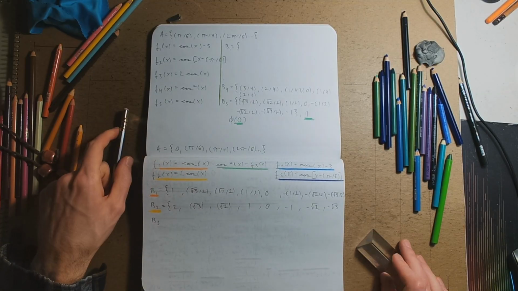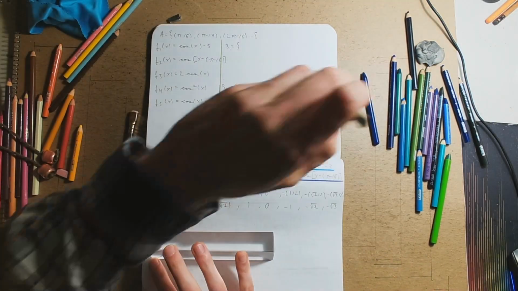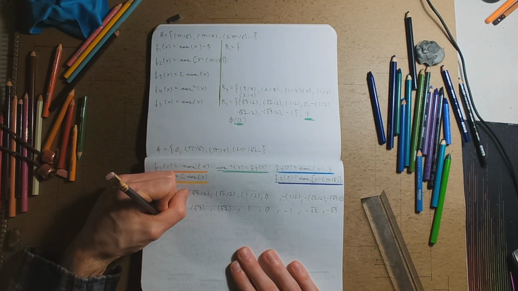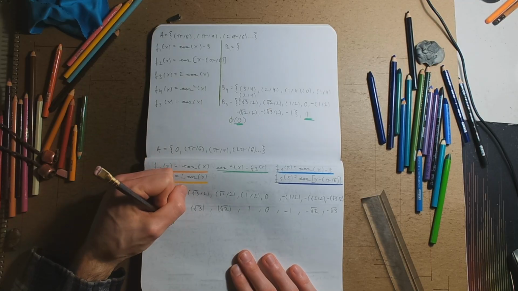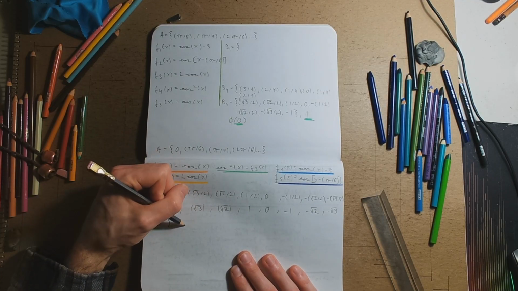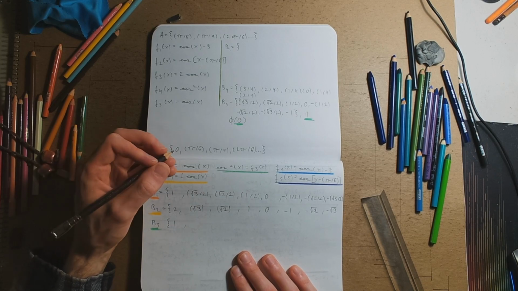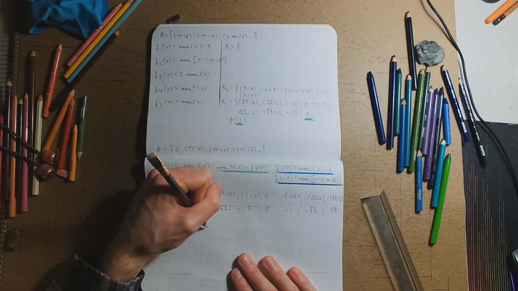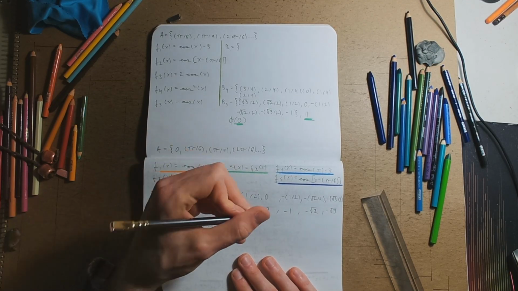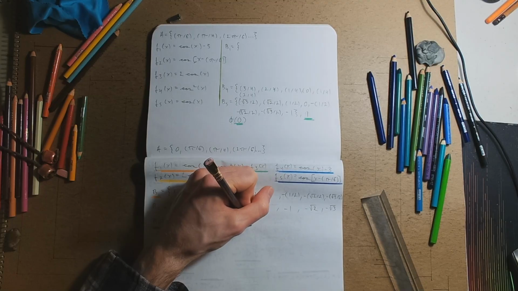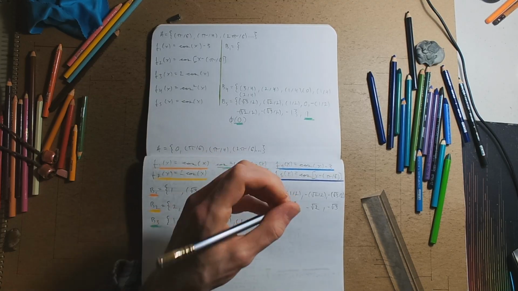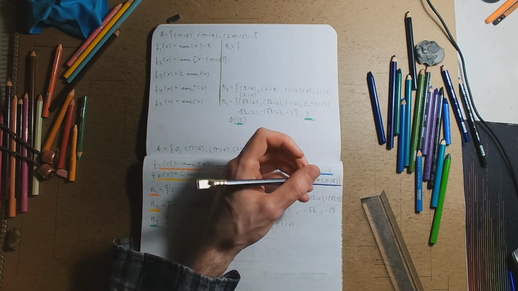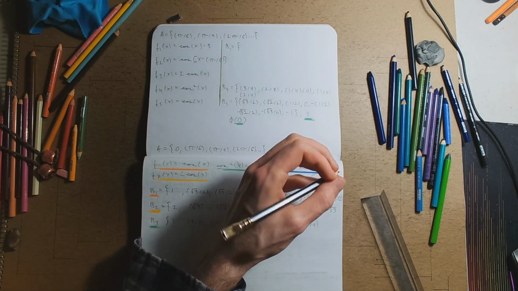B3. That would be 1. And then it would be 3 divided by 4. And then 2 divided by 4. And then 1 divided by 4. 0. 1 divided by 4. 2 divided by 4.